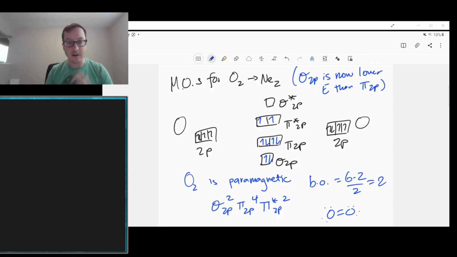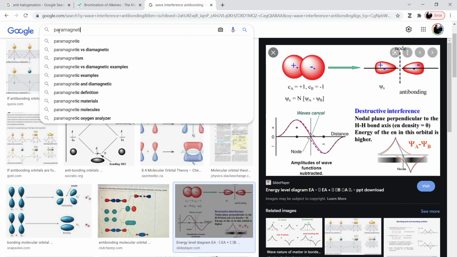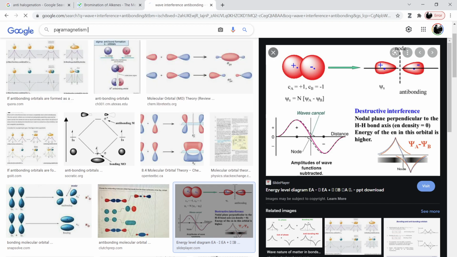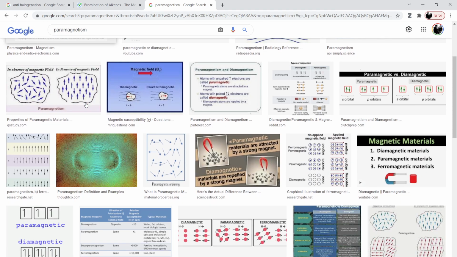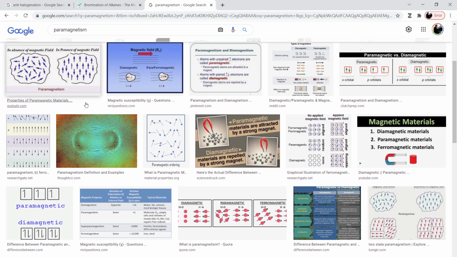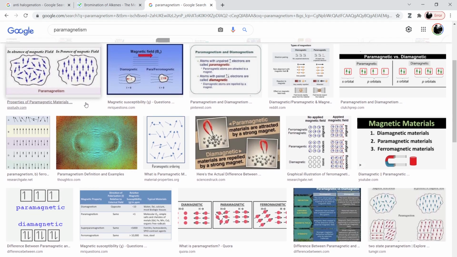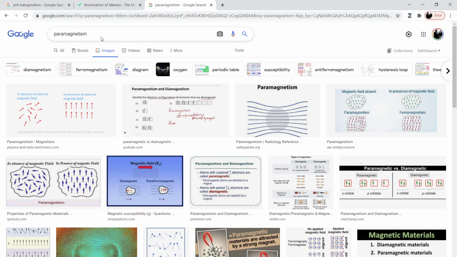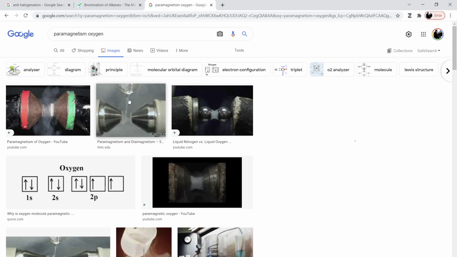All right, let's take a look at Google. Let's see if we can see what this paramagnetic stuff looks like. Let's see if we can have a nice example. Yes, this is what I'm going for.